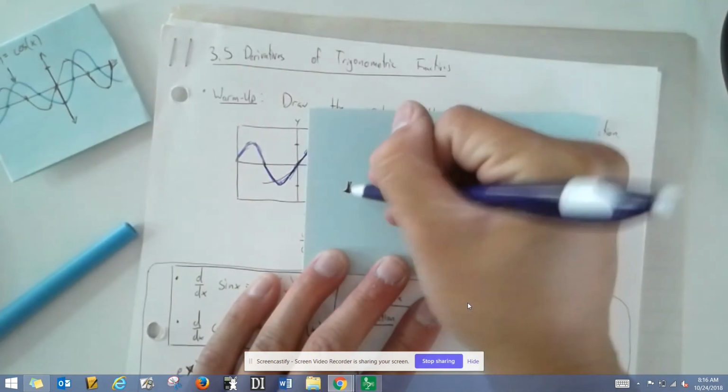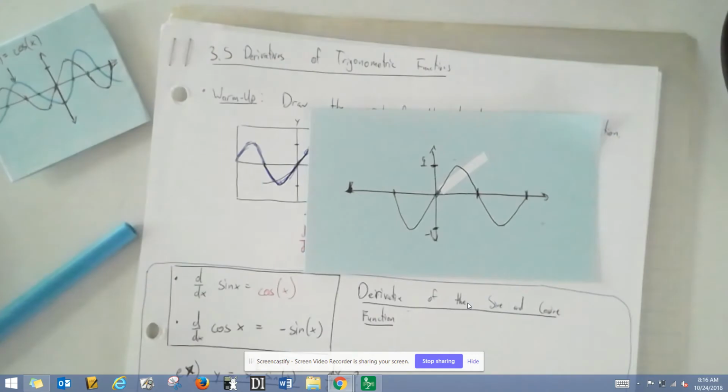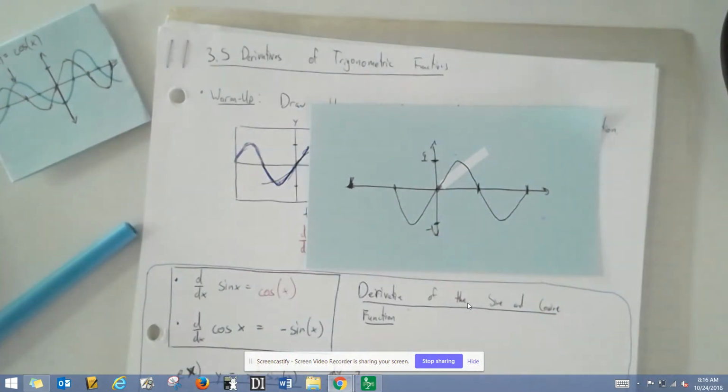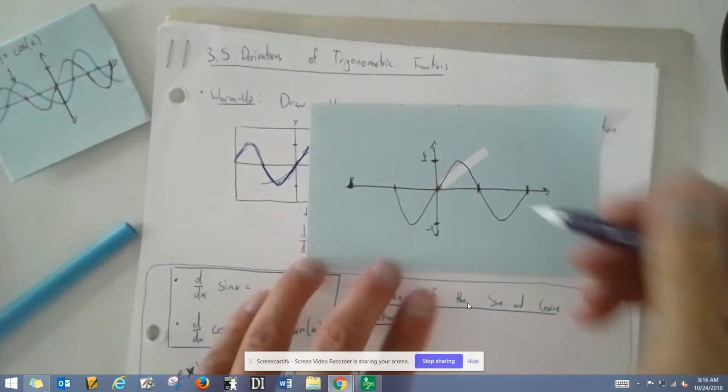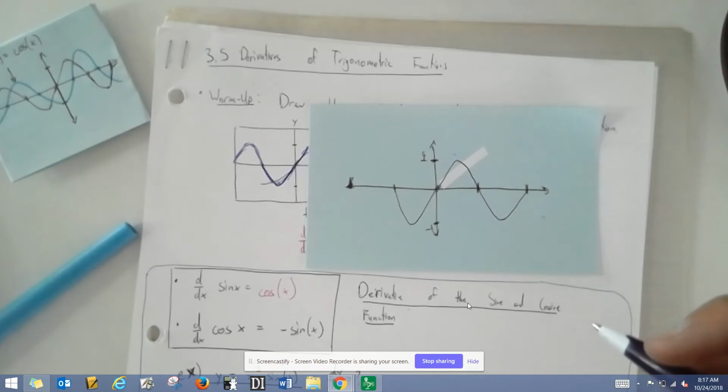How about these increments? Does anybody remember what these increments should be where the sine graph crosses the x-axis? Is it pi over 2 or is it pi?